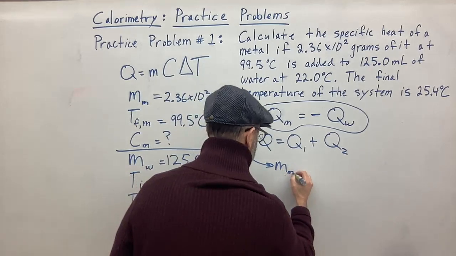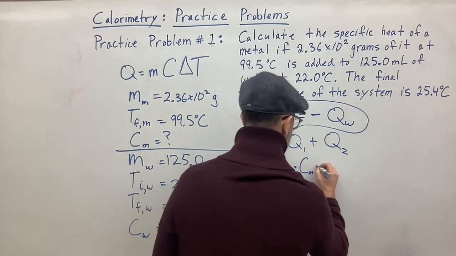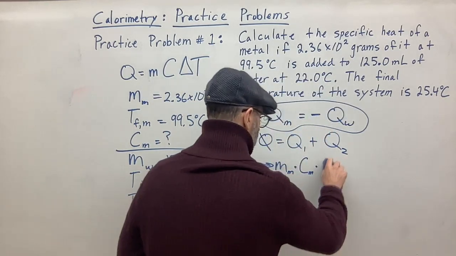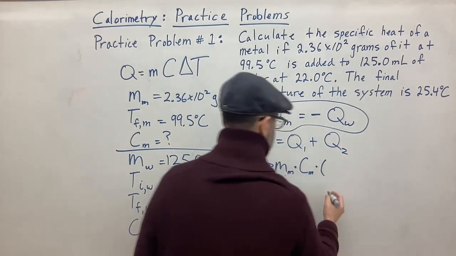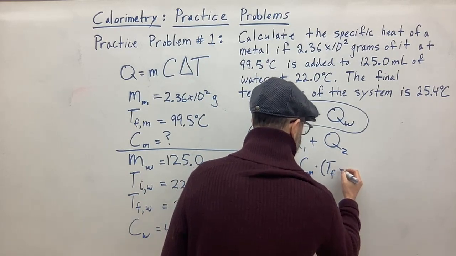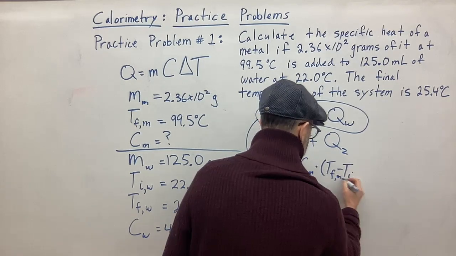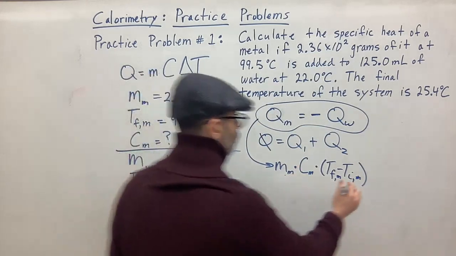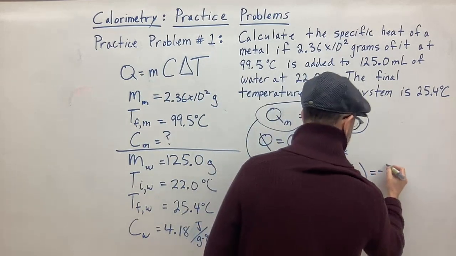We're going to have the mass of the metal times the specific heat of the metal times the change in temperature of the metal. But I'm going to write it out because we have different temperatures. So we have T final minus T initial, and this is of the metal. And this is equal to QW, so it's going to be negative.